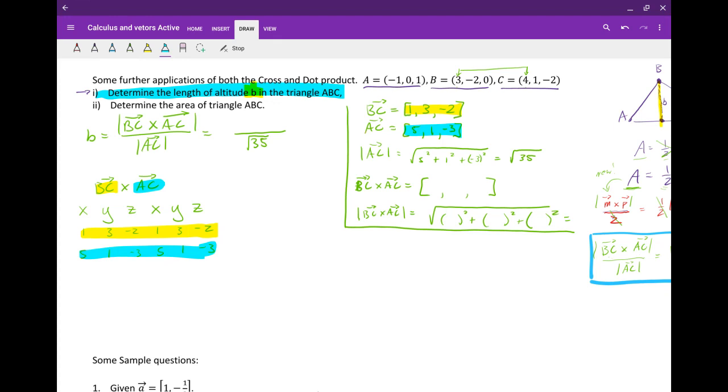And now there's a procedure, and the procedure goes like this: to get the X component here, you make a cross like this, and you start up here and go down like that.